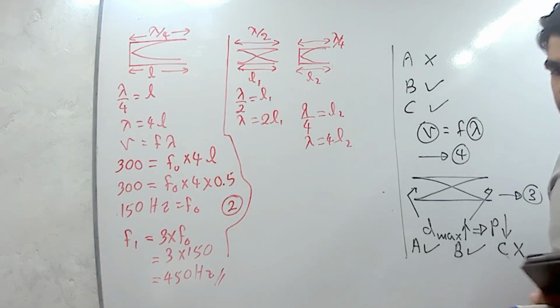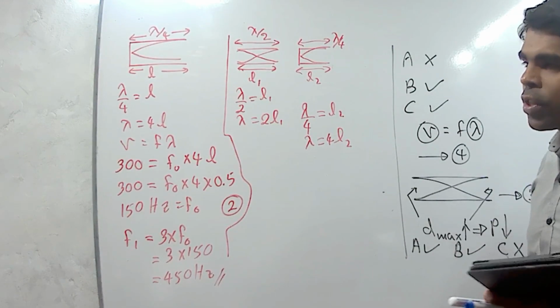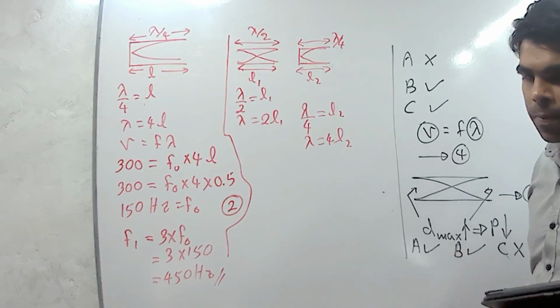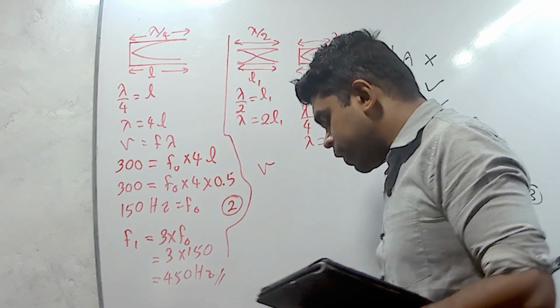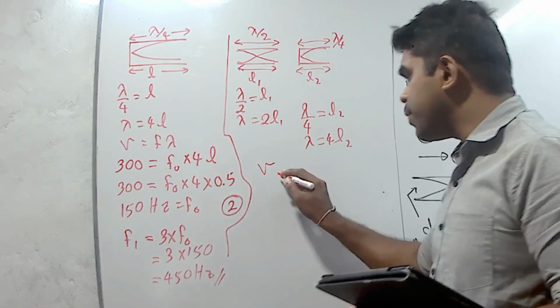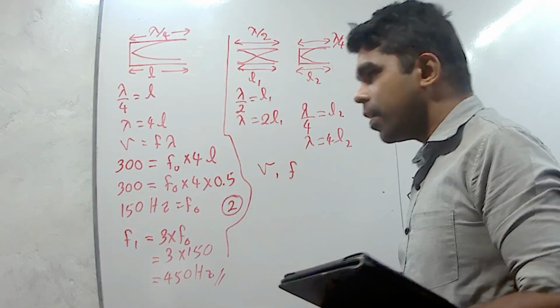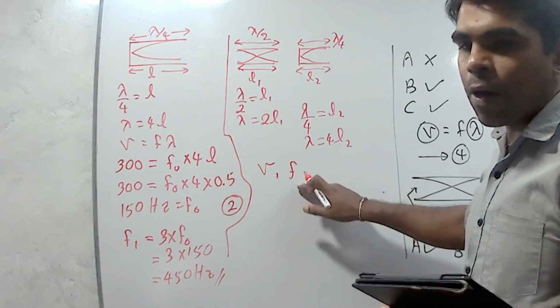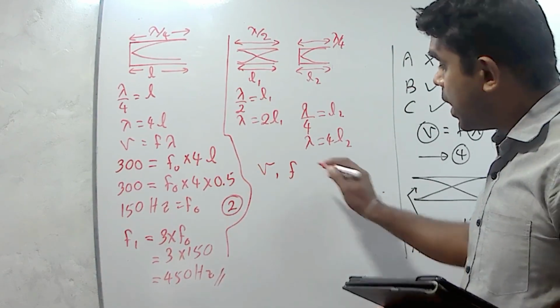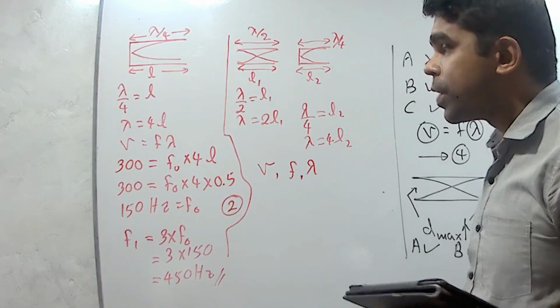We know that the velocity of sound does not change with tube type. Therefore, V is constant. They have given the same frequency, so F is constant. If V and F are constant, then the wavelength is also constant.